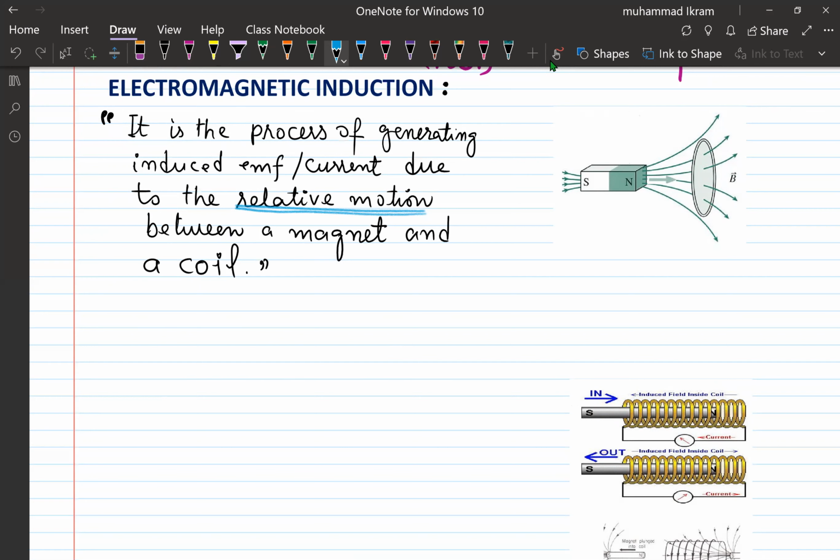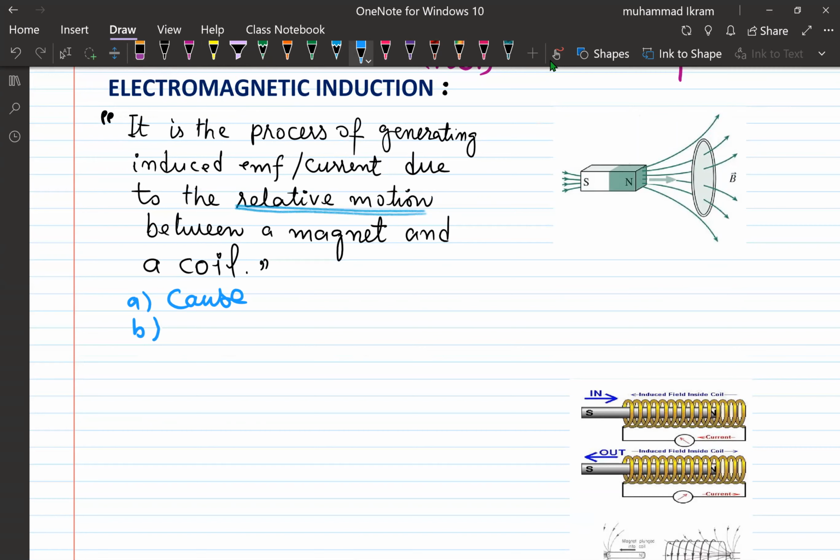Now there are a few important aspects here. First, A, the cause of this induced current.